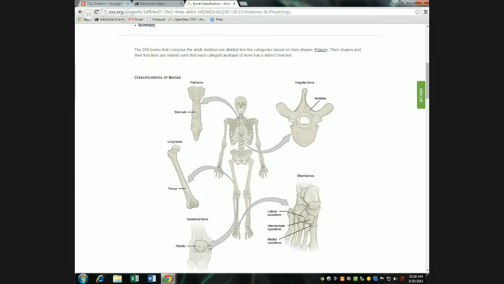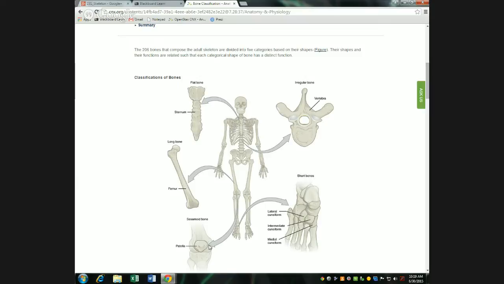Now, one of the things I want to stress in this chapter is how bones grow. So we'll look at how the other bones grow. But what sesamoid bones do is they develop out of other soft tissues. So the kneecap, the patella, for instance, is a calcification of the tendon that connects the quadriceps in your thigh to the tibia, which is your shin bone.